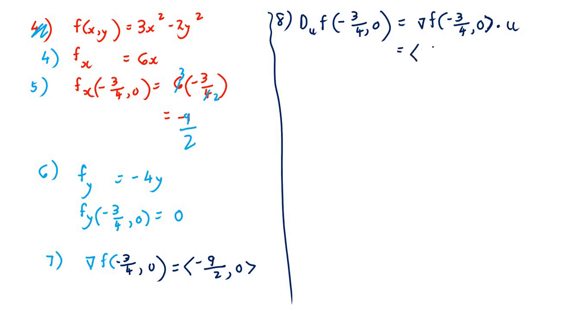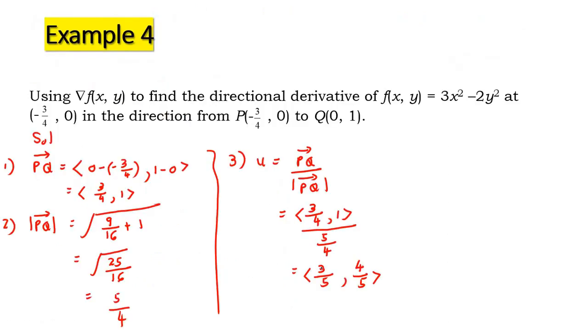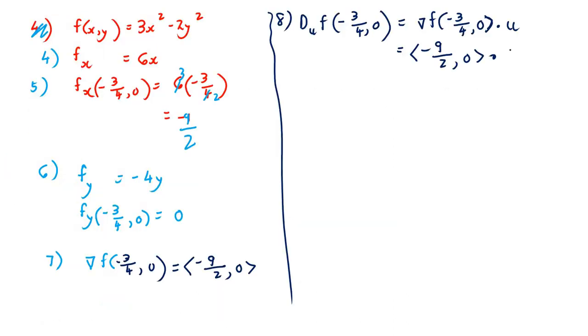Here we get negative 9 over 2, 0 dotted with 3 over 5 i plus 4 over 5 j. So I have negative 9 over 2 multiplied by 3 over 5; the component j is 0 times 4 over 5, which is 0. So you get negative 27 over 10.